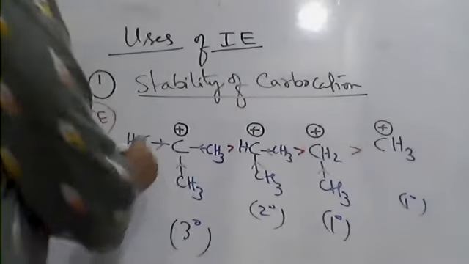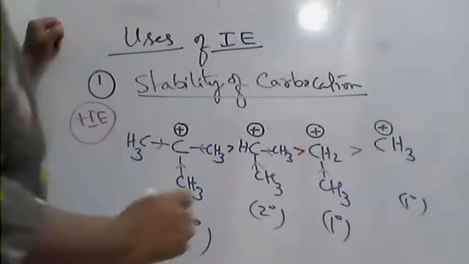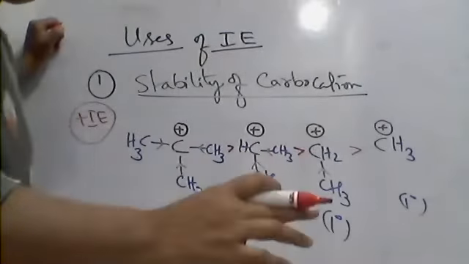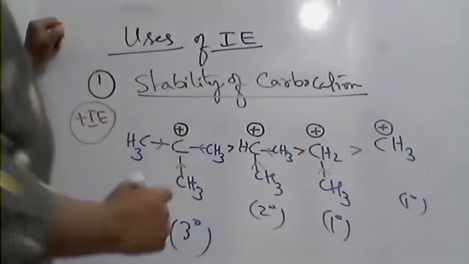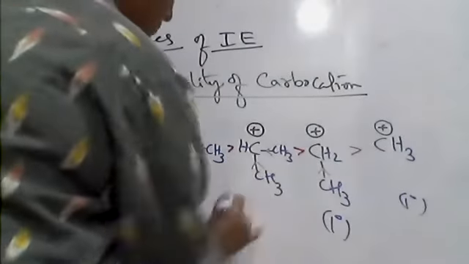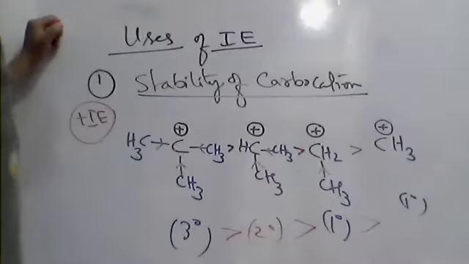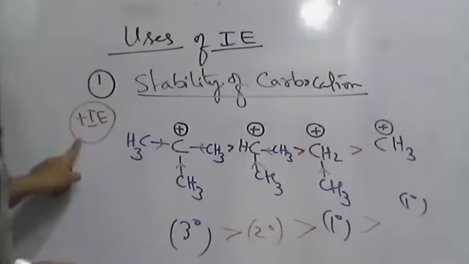So as the plus I groups attached to the carbocation increase, the positive charge intensity decreases. As charge decreases, stability increases. So the tertiary is a more stable carbocation compared to secondary. Secondary is more stable than primary, and primary more than methyl, due to plus I effect.